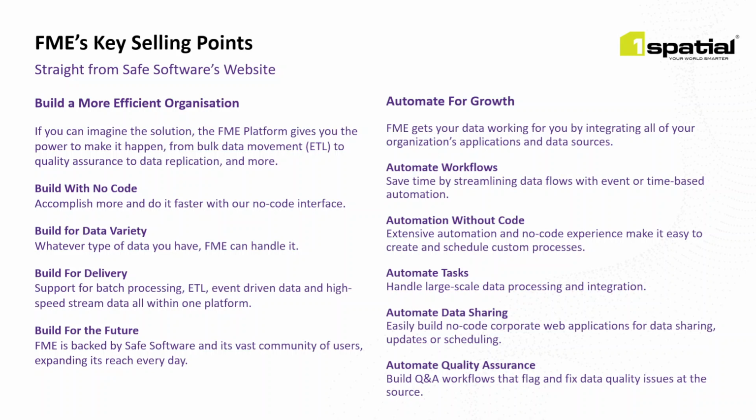Automate tasks. Handle large-scale data-driven processing and integration. Automation data sharing. Easily build no-code corporate web applications for data sharing, updates, or scheduling. And finally, automate quality assurance. Build QA workflows that flag and fix data quality issues at the source.